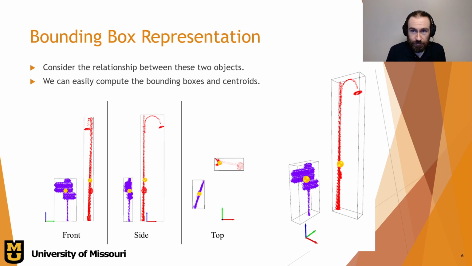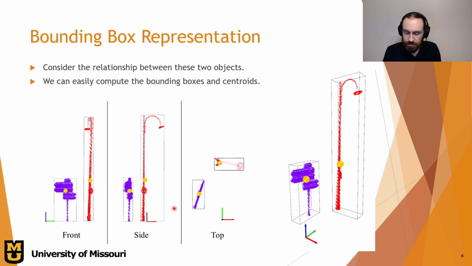So first of all, let's focus on just two objects. If we consider these two objects here, you can see we've got a signpost and a lamppost. In 3D, we've drawn a bounding box around these objects in all three dimensions, and we've also labeled a centroid.